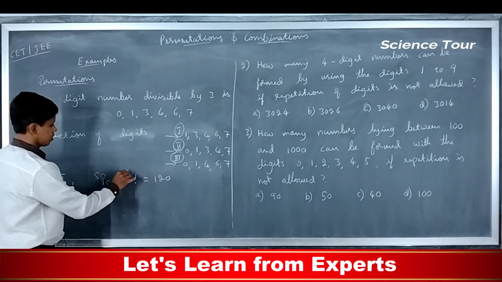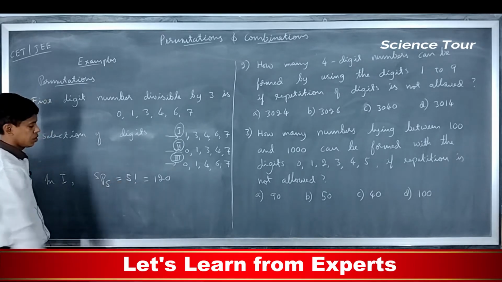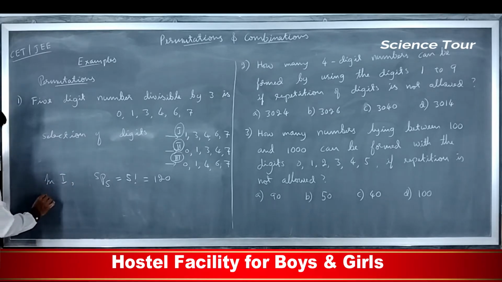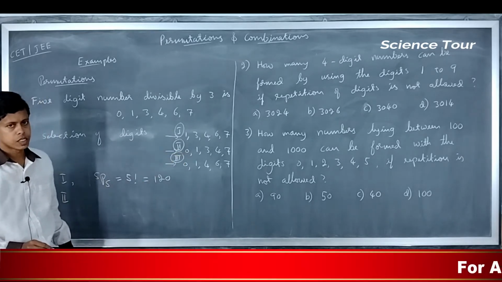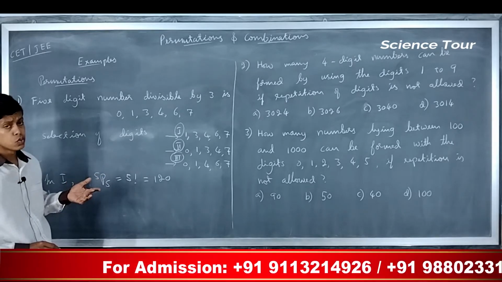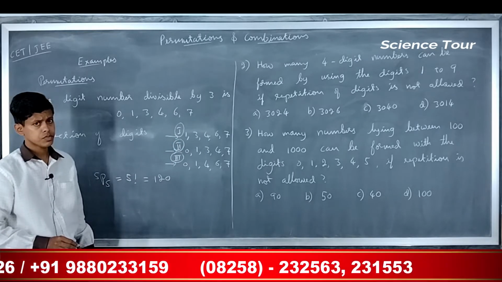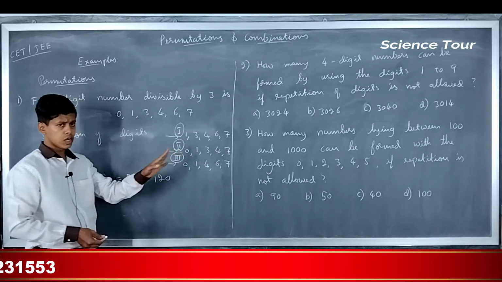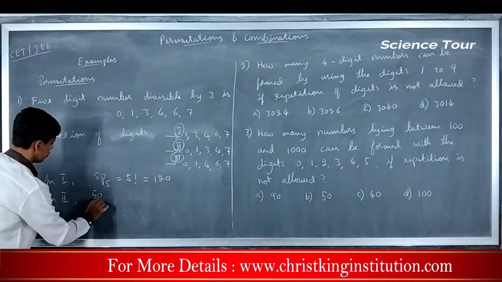All right. So now next, in the second selection, you have 0, which could be in the first place. All right. So if you have 0 in the first place, then you cannot have a 5-digit number. So how do you calculate that? First, you calculate the total possible arrangements. The total possible arrangements is 5P5.